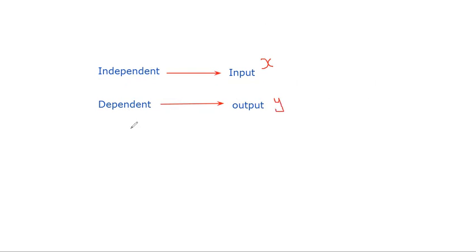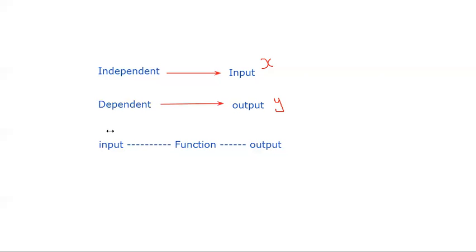So this is the beginning. For any function, we will input and then move to the function in the middle, and this will help us to find the output. So we have an input, then the function, which is the rule we are going to work with, and then the output.